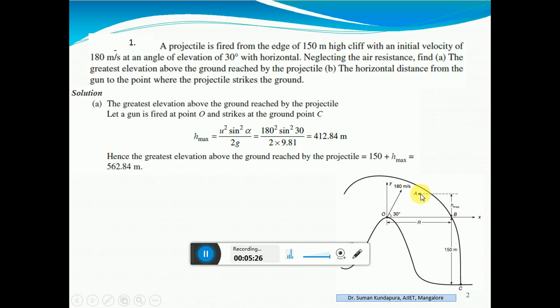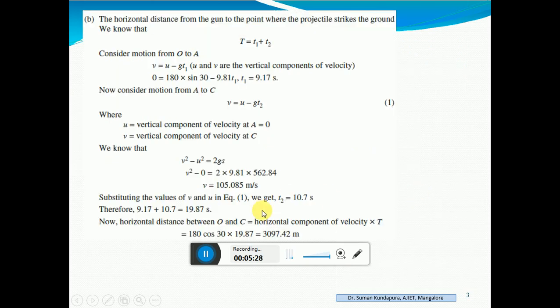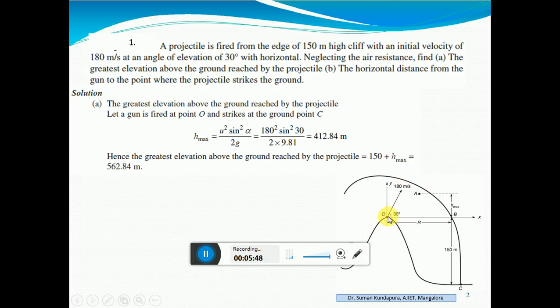I have the final velocity v as 0 and the initial velocity, that is the vertical component of the velocity at this point, is u sine 30.